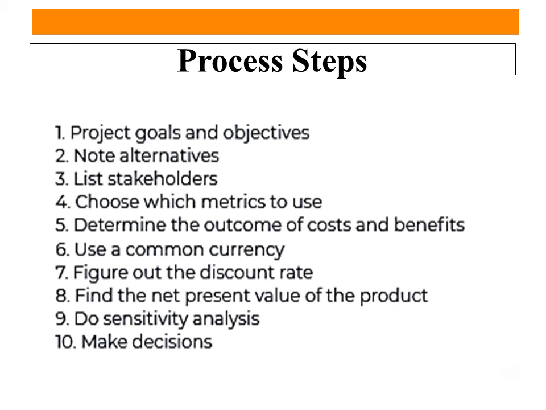Number one is project goal and objective: you have to define your project goal and objectives. Next is note alternatives: you have to note down the alternatives for the cost and benefit estimation. Third is list stakeholders. Fourth is choose which metrics to use.